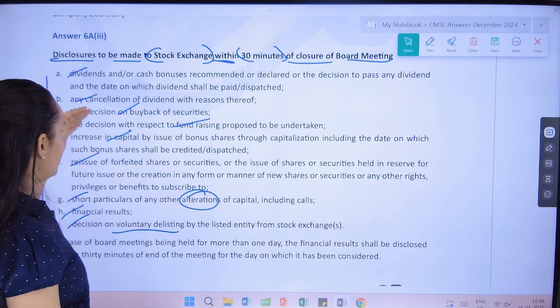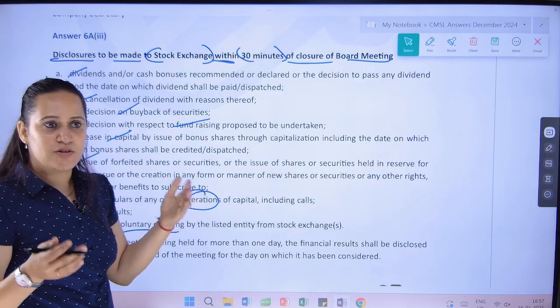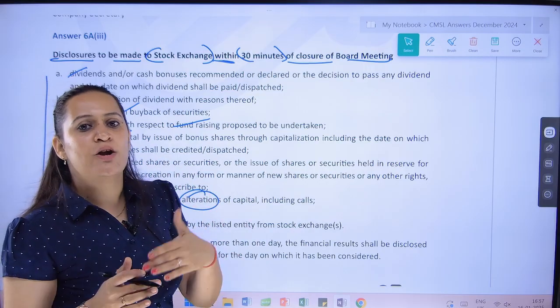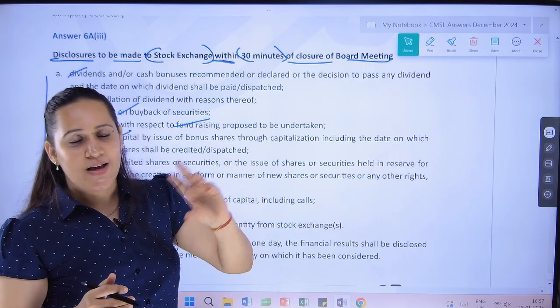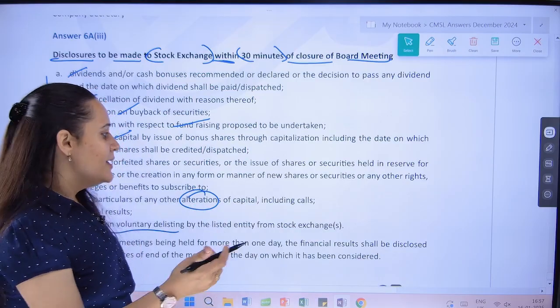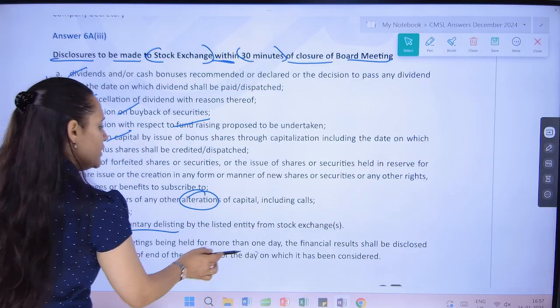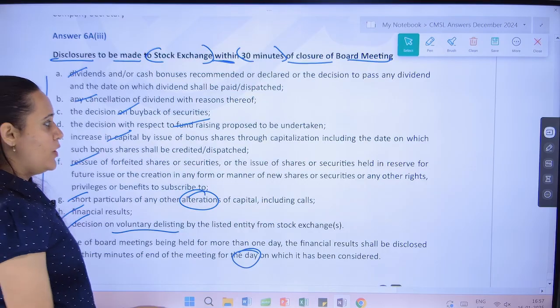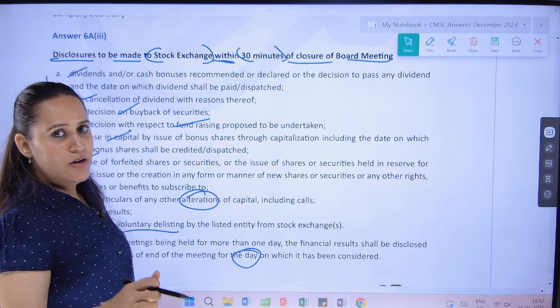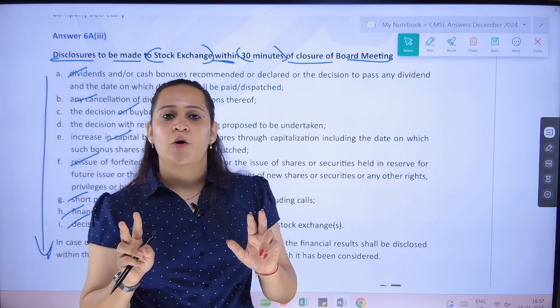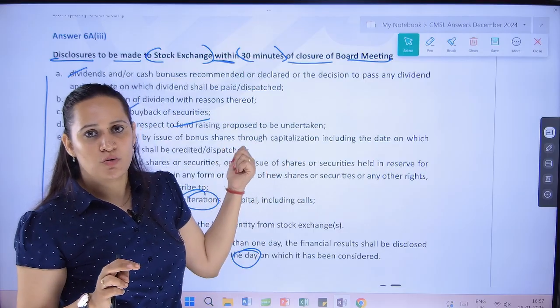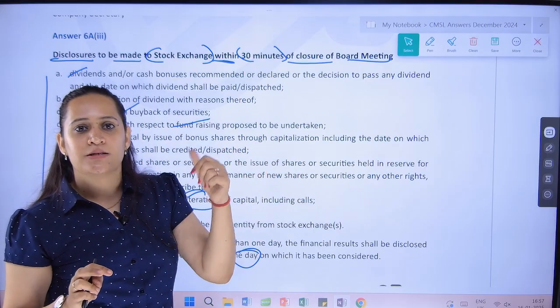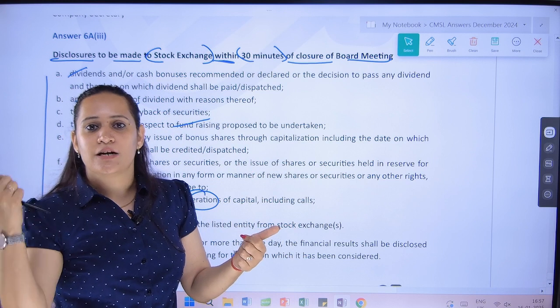But if all these transactions are held on different days, and for some reason in one board meeting you cannot complete the discussion, you are carrying out multiple board meetings, then the day on which you have discussed that point matters. Suppose 10 points are there, out of the 10 points, 2 points require intimation to the stock exchange. One point is discussed on the first day, the second point is discussed on the second day.